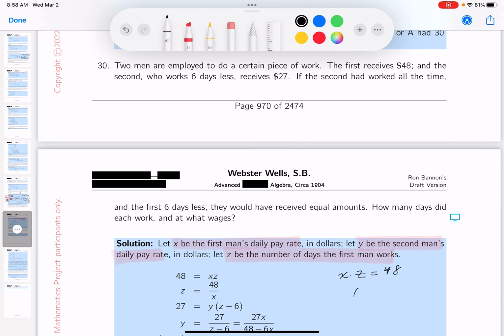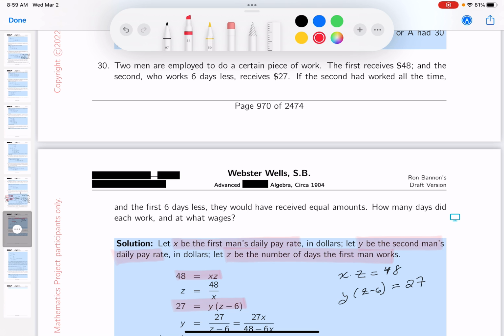So that means he works for Z minus 6. And what's his daily rate? His daily rate is Y. How much does he make? $27. I'm going to outline in the notes where this is. Right here and right here. All right? We're going to use those guys later, but let's keep reading it.